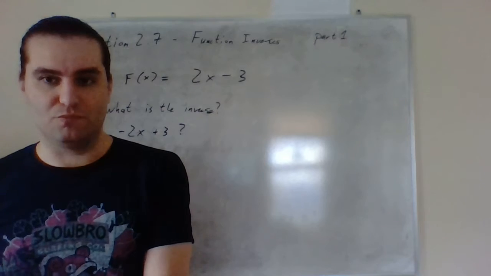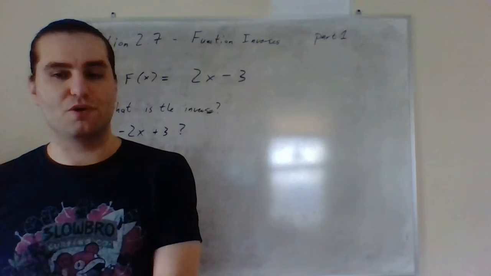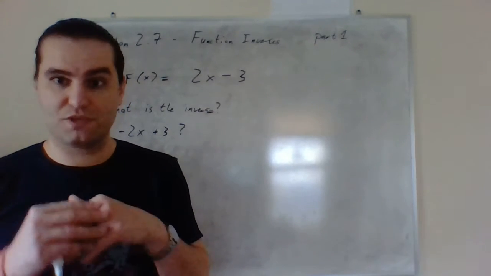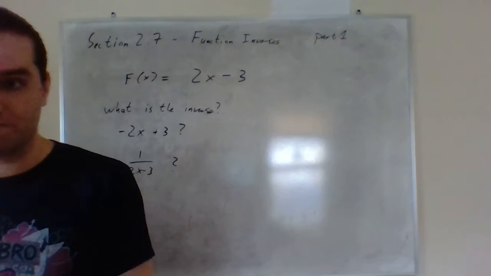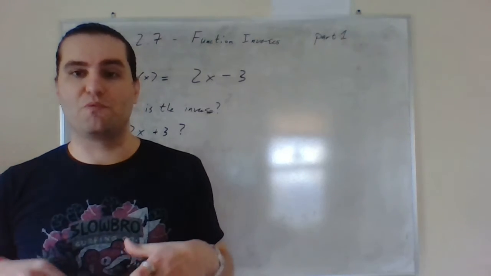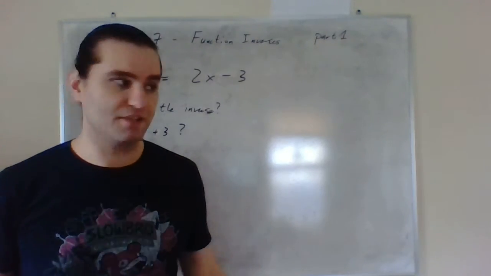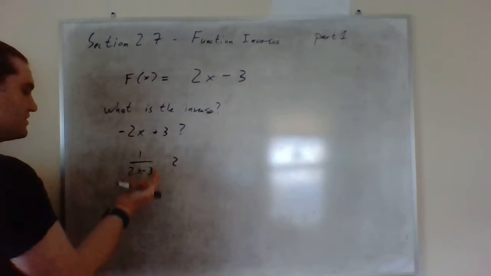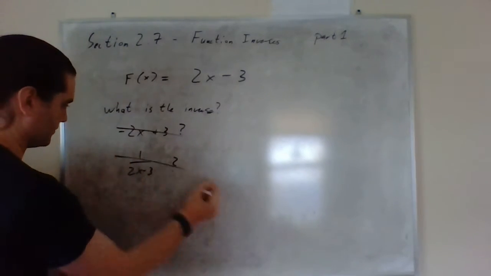We don't want the additive identity. We don't want the multiplicative identity because we don't want to add these functions and we don't want to multiply them. We want to compose the functions and we want to get the function identity. That's what we're talking about. So both of these are great guesses, but they're not the function inverse.